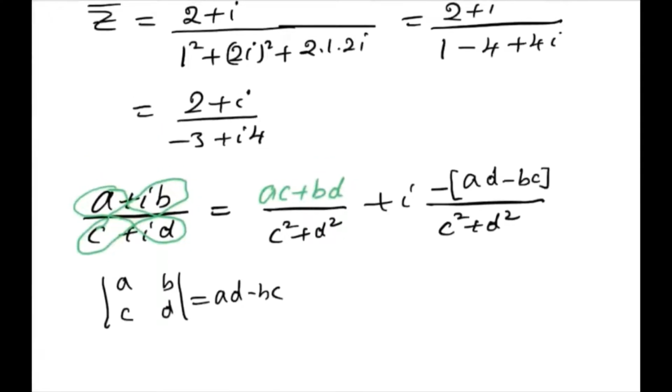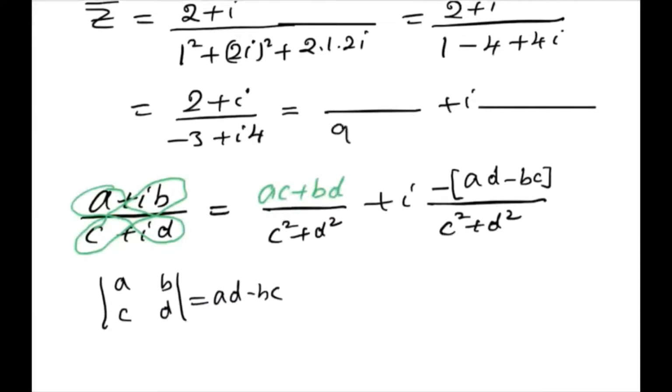Now (2 + i) upon (minus 3 + 4i). Denominators of both real and imaginary parts: square of minus 3 is 9, square of 4 is 16. Here also you get the same. For the real part, take the product of these real parts and the product of these imaginary parts. Here coefficient of i is 1. That will be minus 6 plus 4.